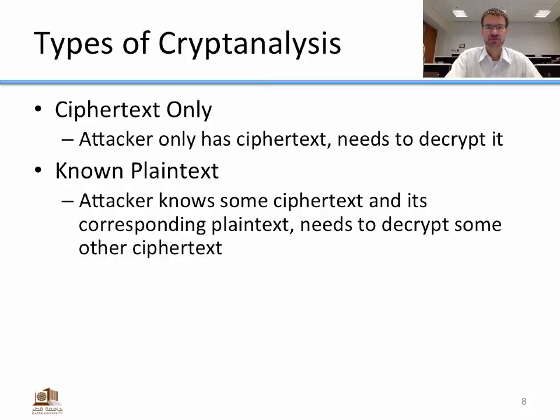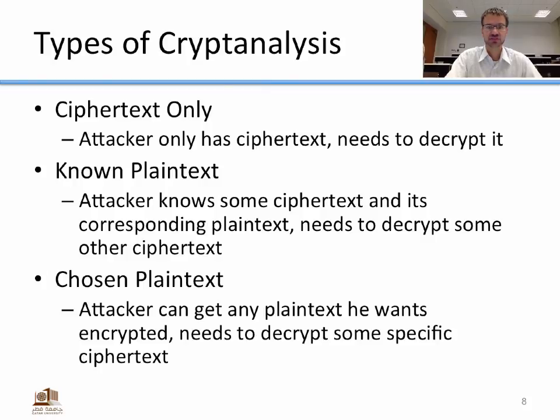The third type of cryptanalysis is a chosen plaintext attack. In a chosen plaintext attack, an attacker can get any plaintext that he wants encrypted, and he uses that to help him decrypt something else. He can choose any plaintext he wants, have it encrypted, and analyze that result in order to help him decrypt some other ciphertext.